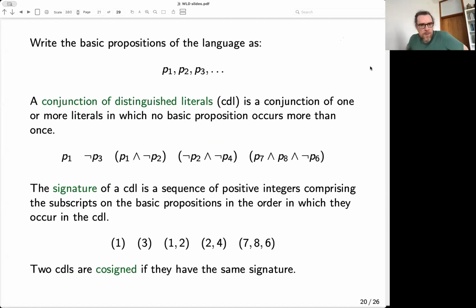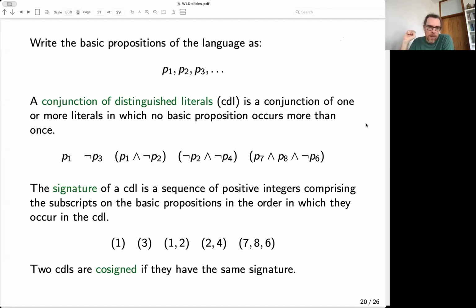So I want to introduce a certain kind of formula of propositional logic. It's not essential for this purpose, but it's easier if we think of the basic propositions of the language as being written as P sub 1, P sub 2, P sub 3. Then what I call a conjunction of distinguished literals, or CDL, is a conjunction of one or more literals, so either a basic proposition or a negation of a basic proposition, in which no basic proposition occurs more than once.